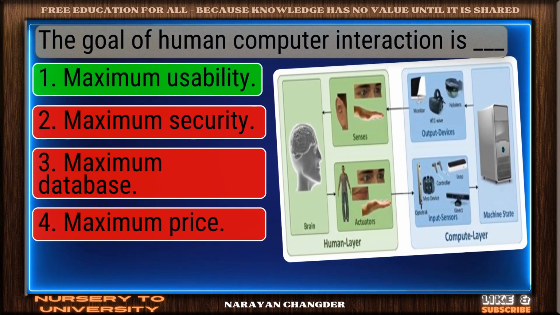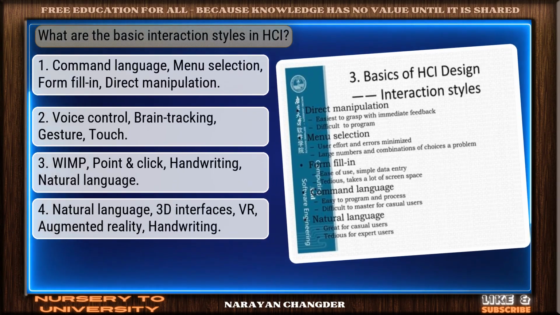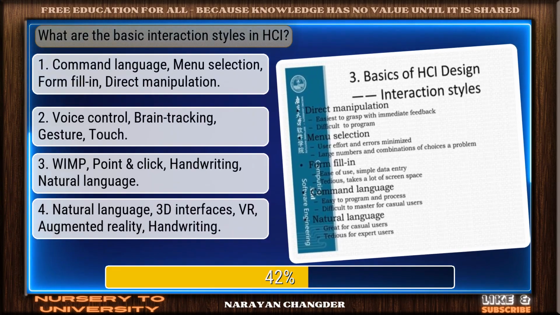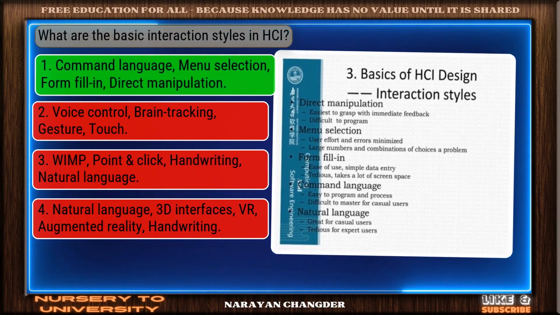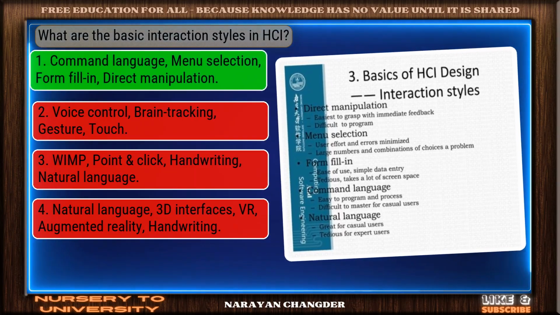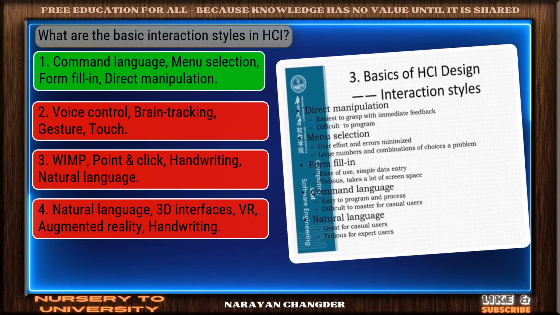Valid point. Maximum usability is true. Question number 57. What are the basic interaction styles in ASCII? Solid response. Command language, menu selection, form fill-in, direct manipulation is a valid choice.